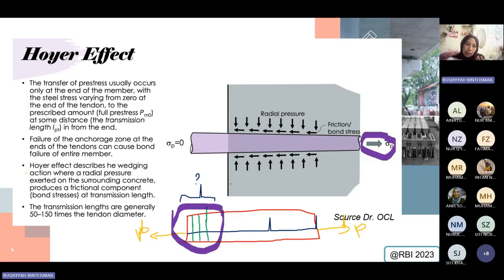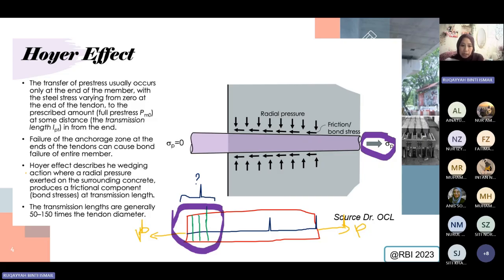So technically, the forces that apply create radial pressure that can cause bursting, and you will provide shear links to avoid it from happening. The concept of how the bursting can happen is by applying what we call the Hoyer effect.